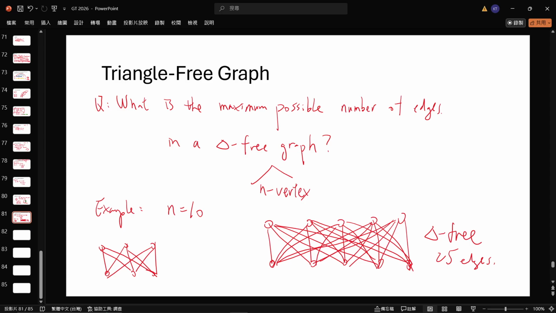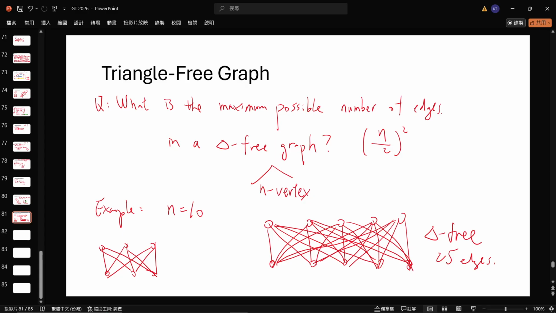Now the question is, can we do better? Is it possible to do better than 25 if you have 10 vertices? If this is true, then the number of edges will be (n/2) squared.